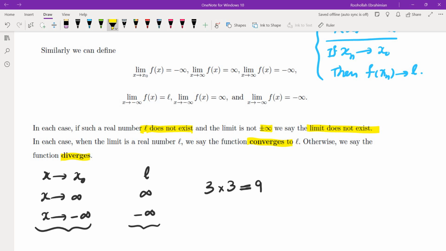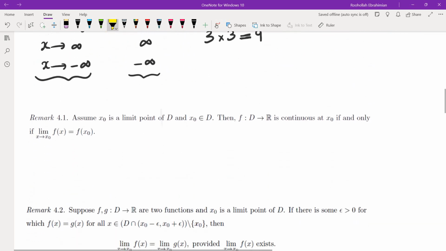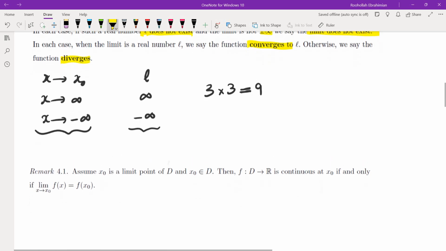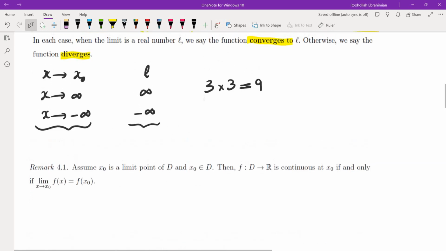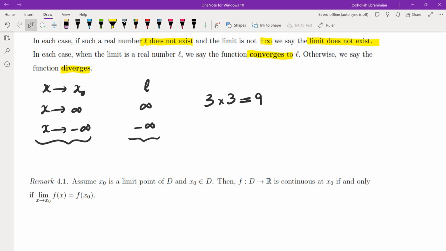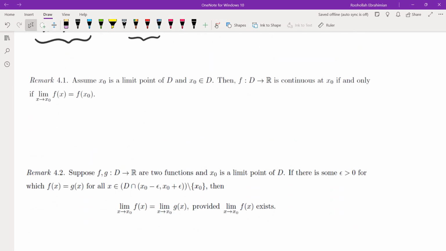Okay, so let's now look at some of the relations between this idea of limit and continuity. Assume x naught is a limit point of D and x naught is in D. Then f from D to R is continuous if and only if the limit of f of x as x approaches x naught is equal to f of x naught. The idea of the proof is that it follows from the definition of continuity.